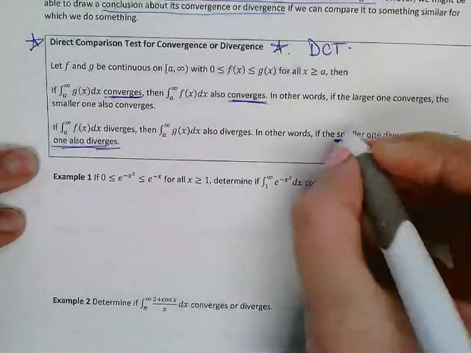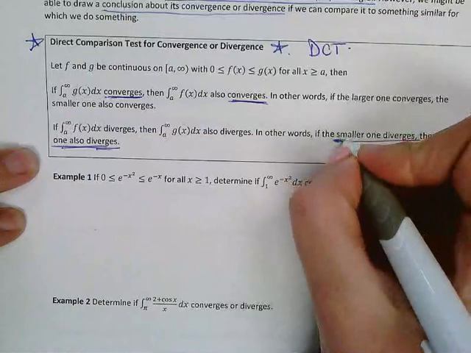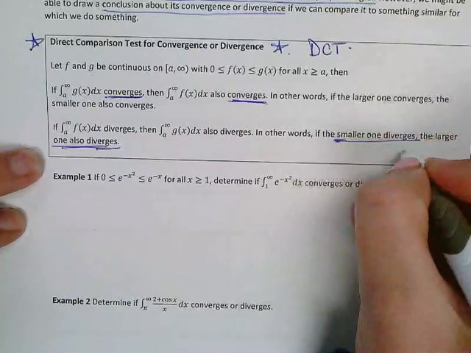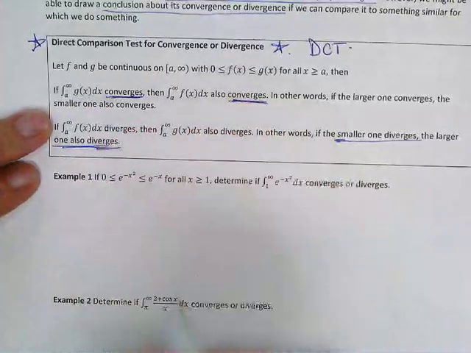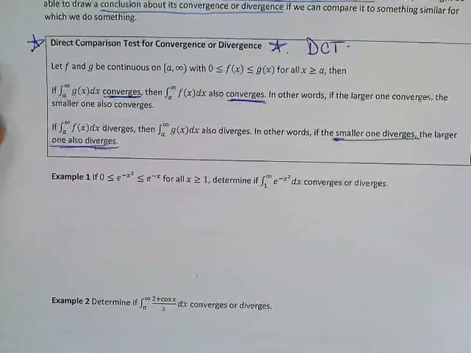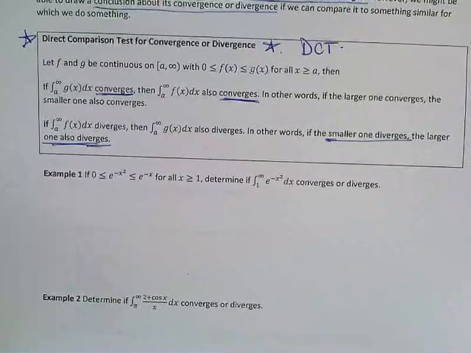Okay? So if the smaller one diverges, the larger one diverges. Here, if the larger one converges, then the smaller one will also converge. So the smaller one or the larger one, depending on what you're looking at, will determine what we're doing.